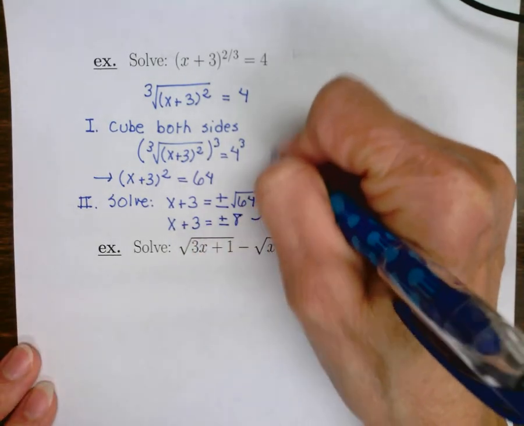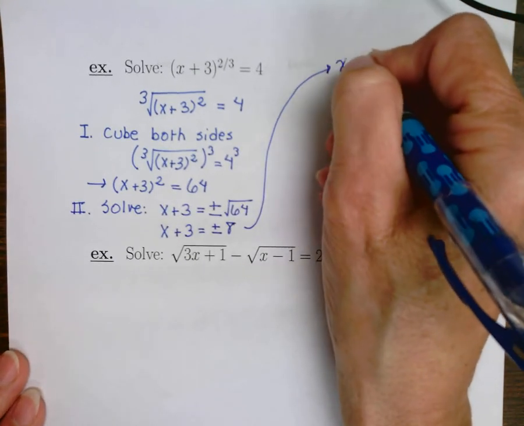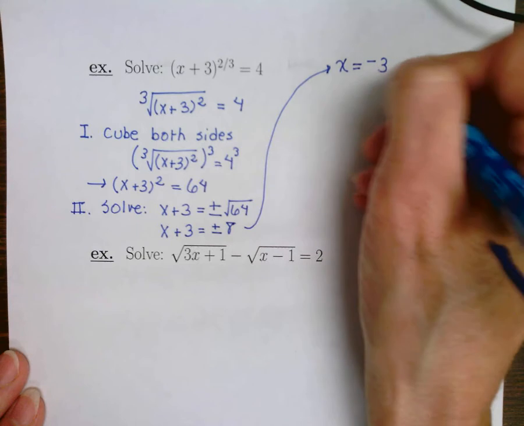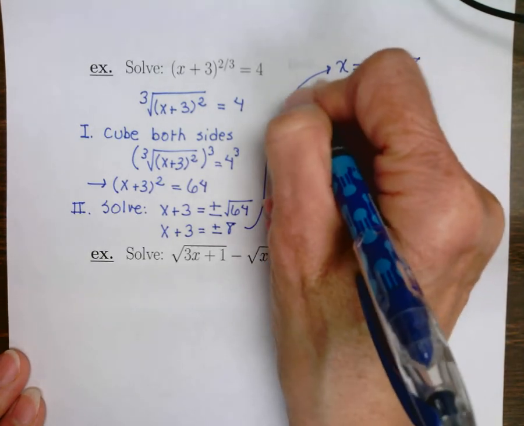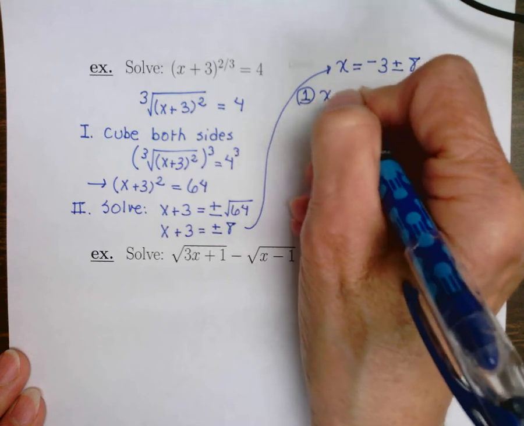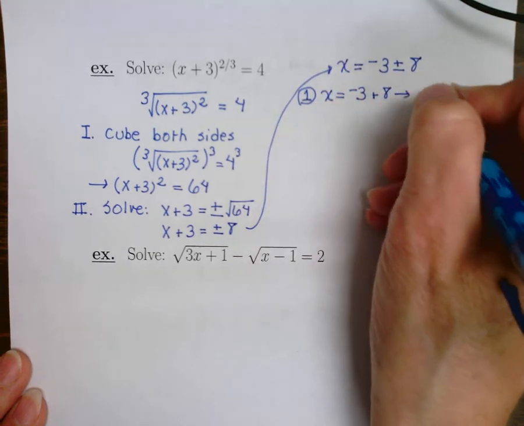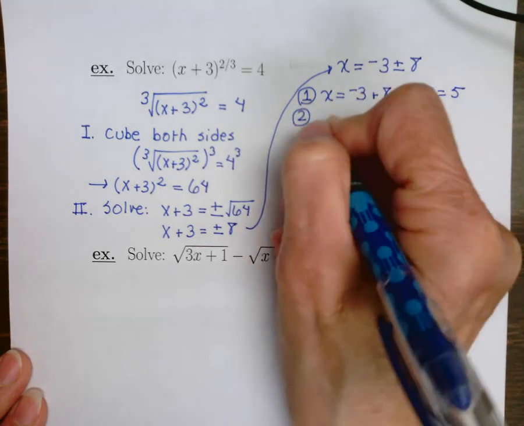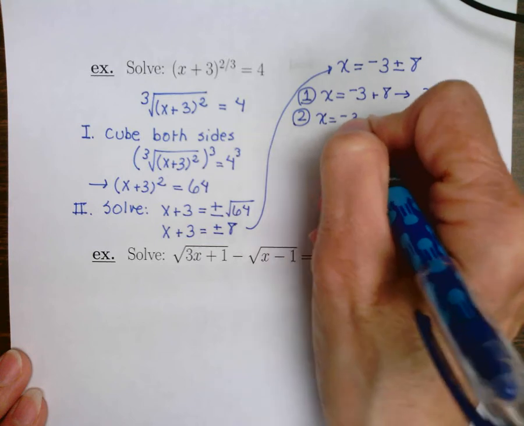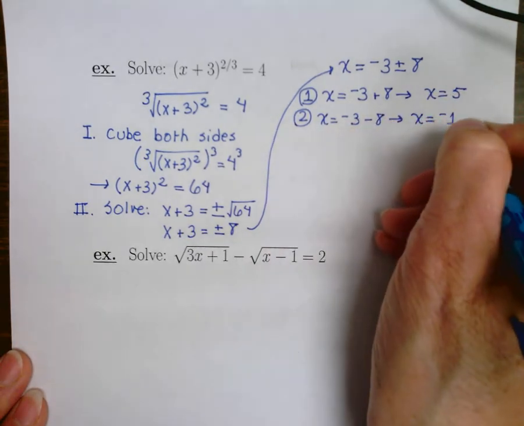And now to find the actual solutions, I see that that's the same as saying x equals negative 3 plus or minus 8, and so I get two options. x equals negative 3 plus 8, which means x equals 5, or x equals negative 3 minus 8, in which case x equals negative 11.